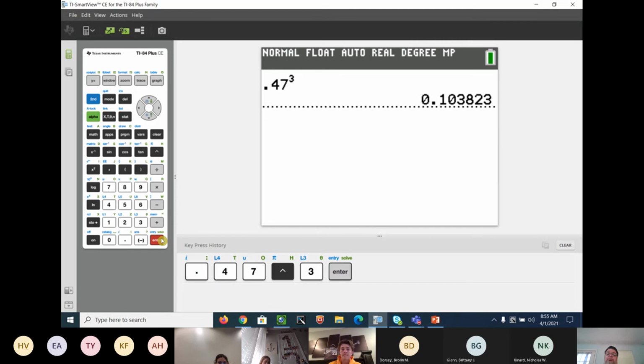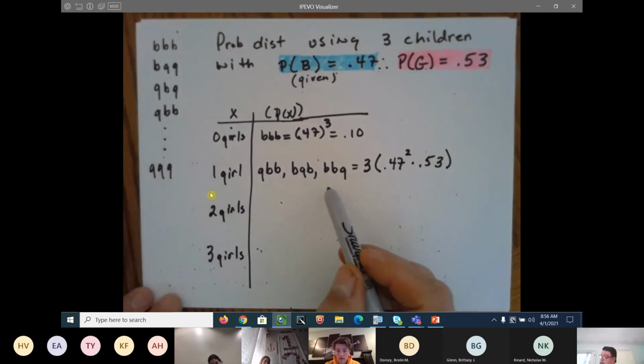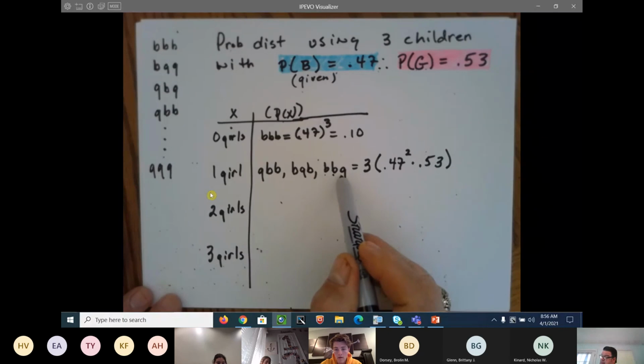All right, so let's go to girls. 1 girl. Well, that would be girl, boy, boy, boy, girl, boy, and boy, boy, girl, which is equal to, well, there's 3 instances here, so that's 3 times 0.47 to the 2nd power times 0.53, because 0.53 times 0.47 times 0.47, 0.47 times 0.53 times 0.47, and 0.47 times 0.47 times 0.53.